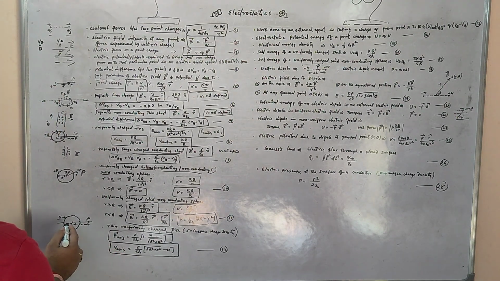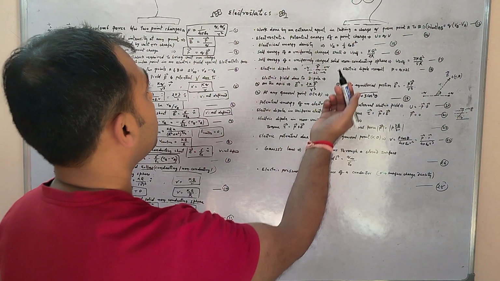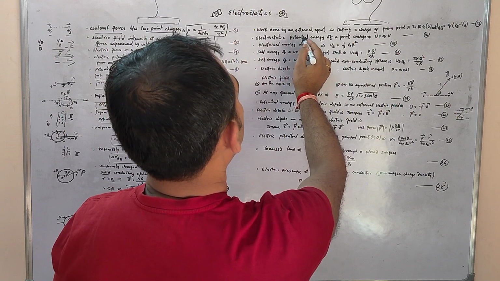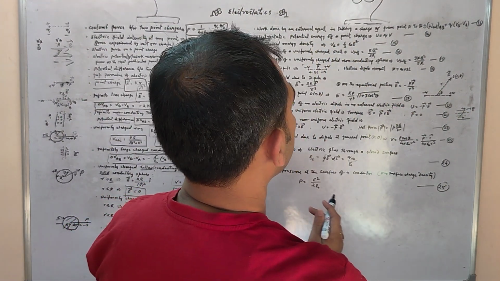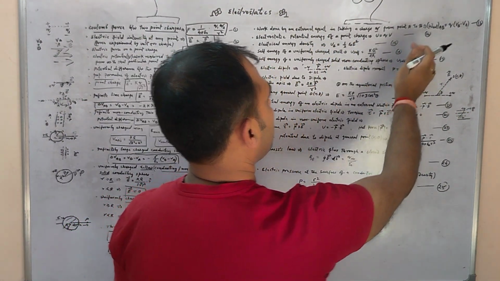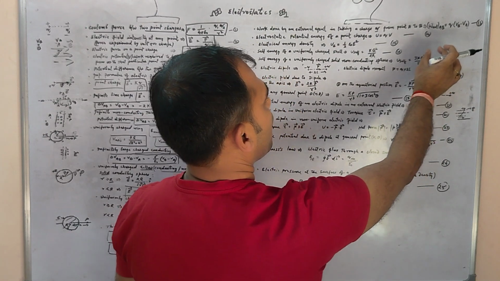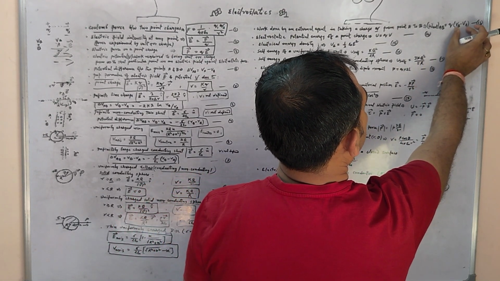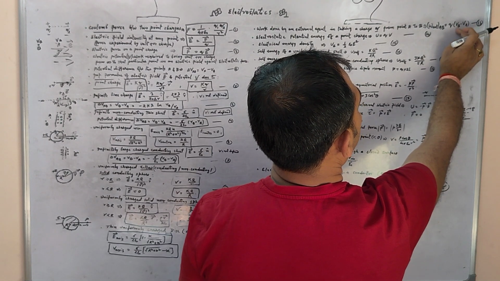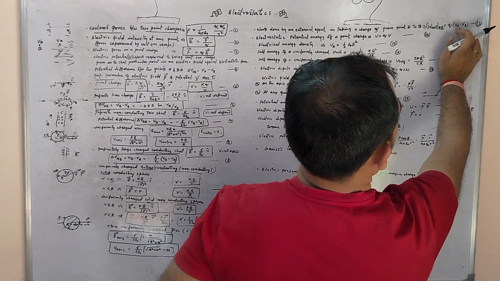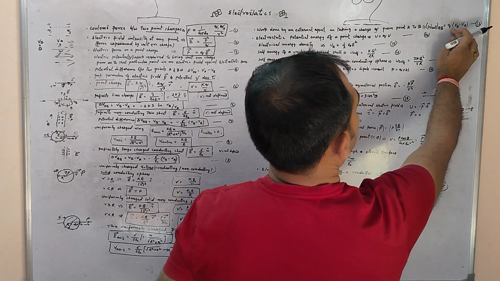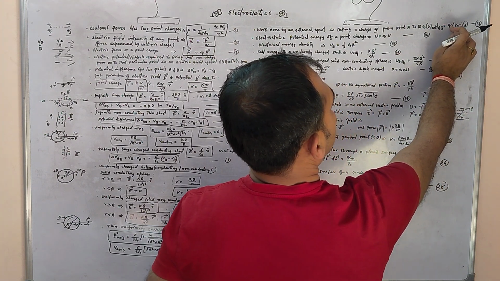So I hope you got it, there is no issue here. Next, we have work done by an external agent taking a charge q from point A to point B. Obviously q times potential difference delta V, that will be potential at point B minus potential at point A, multiplied with charge q.